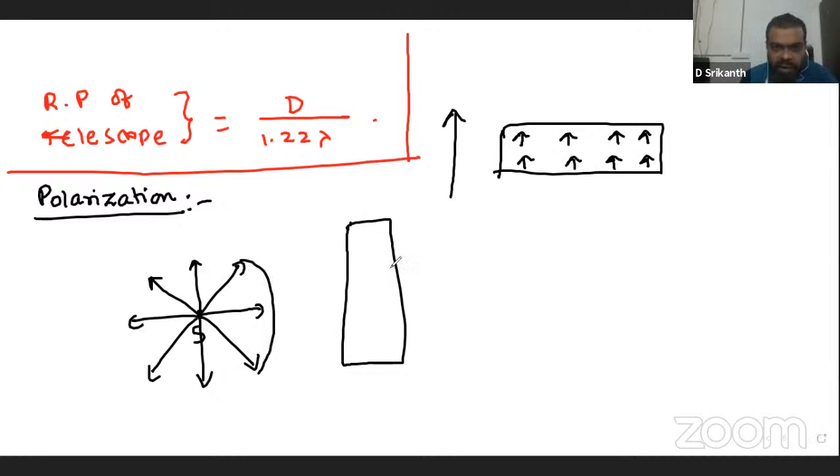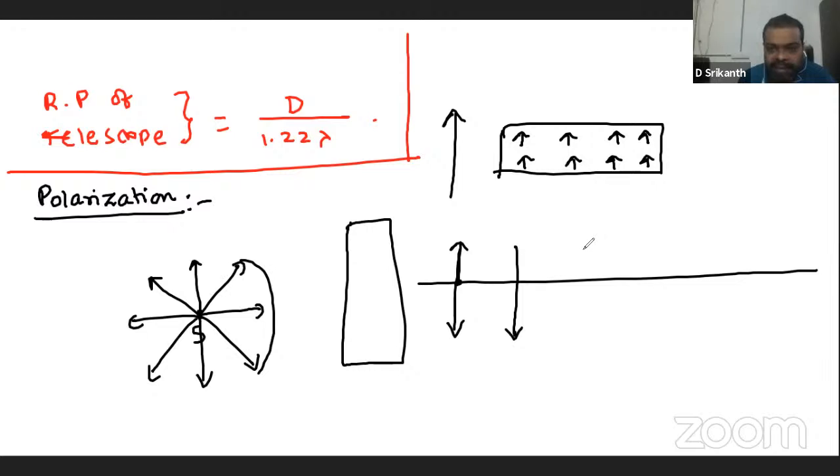Suppose after passing the mirror, all the light rays, you can see this one. Light rays are examples of transverse waves, so they always have vibration perpendicular to the wave propagation.